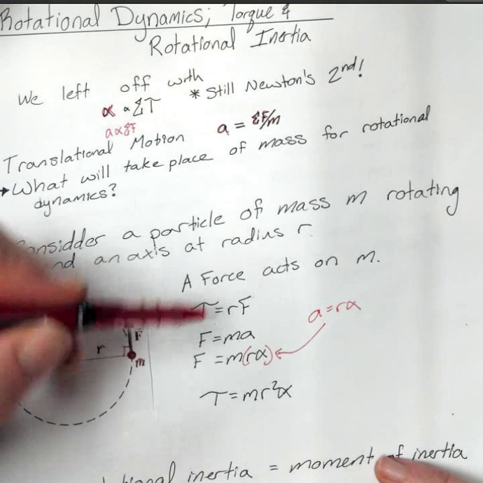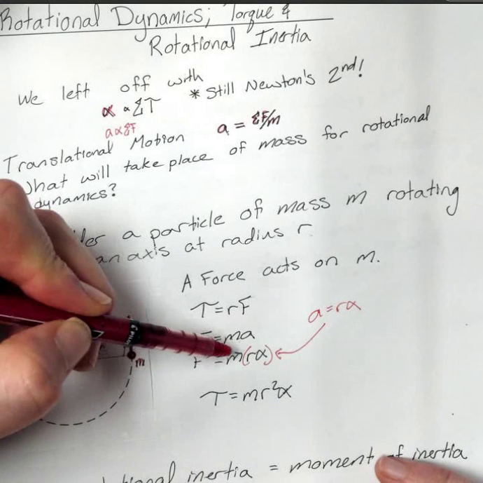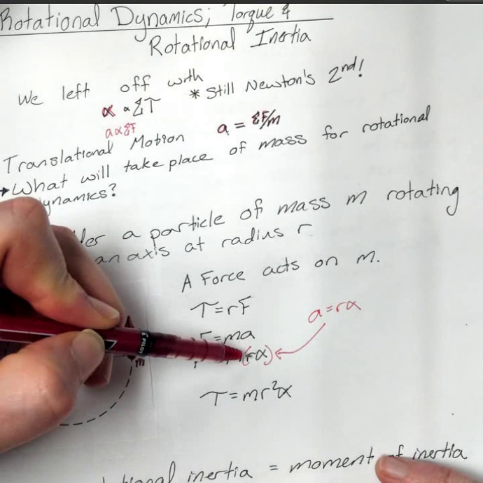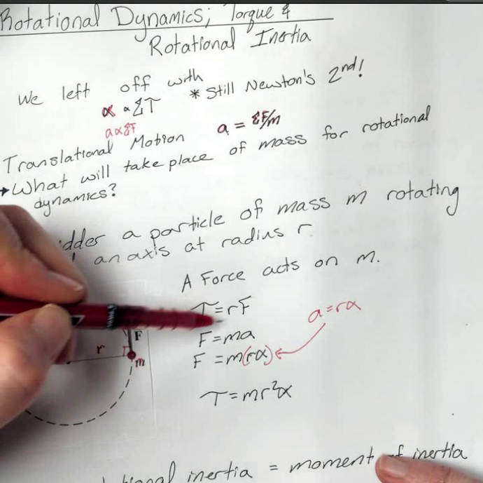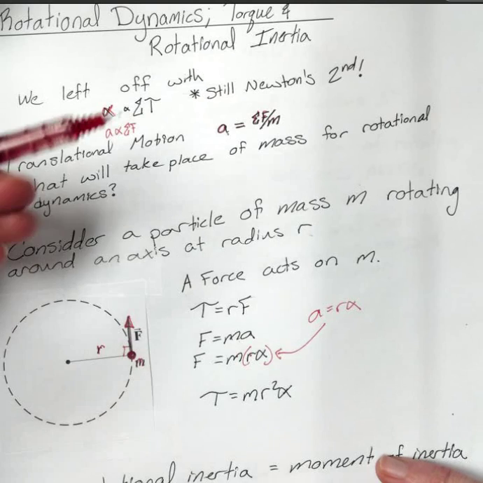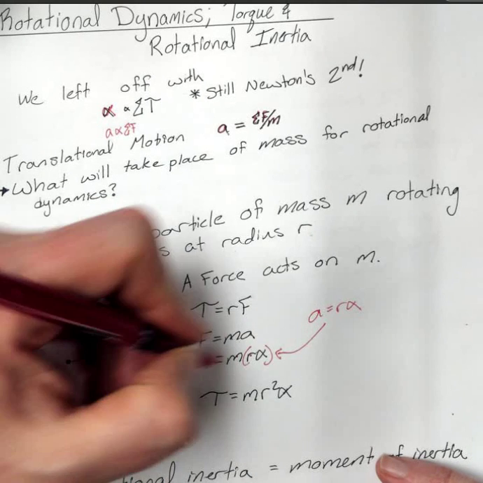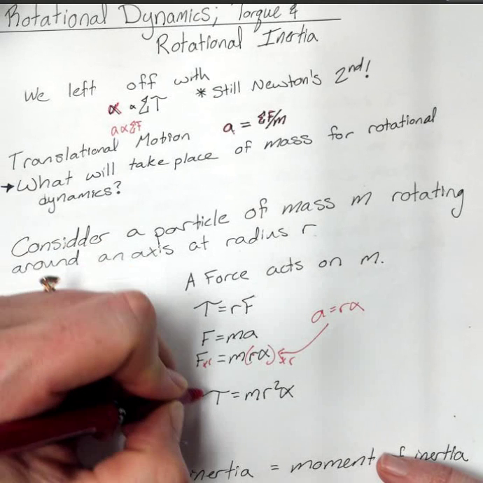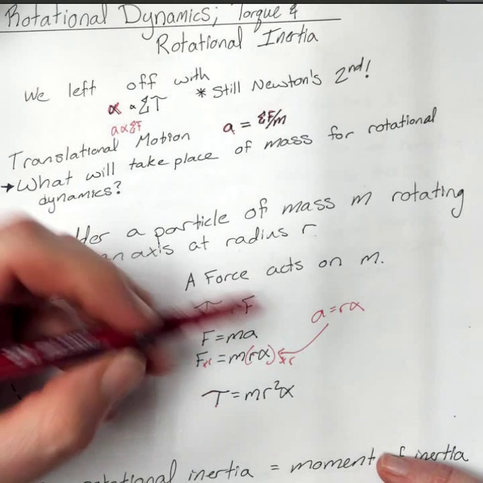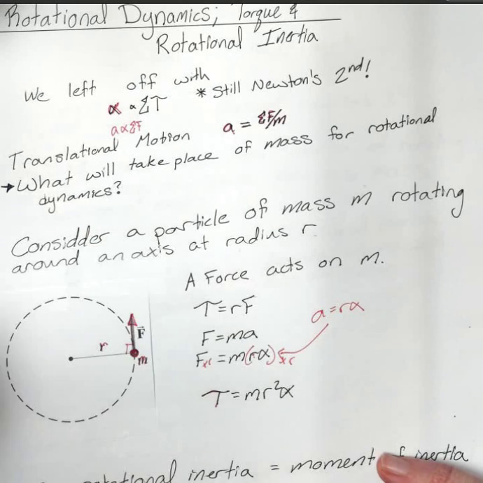So that means that the force equals mass times r times alpha. So if I want to turn that into torque, then I have to multiply both sides by r. And so if I multiply both sides by r, Fr equals torque. And then mass, radius squared, and rotational acceleration.